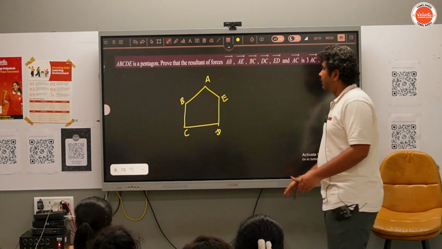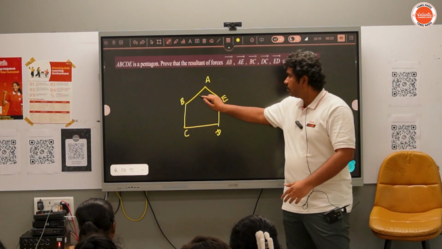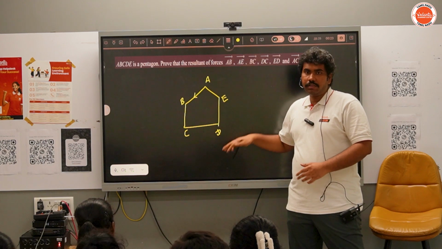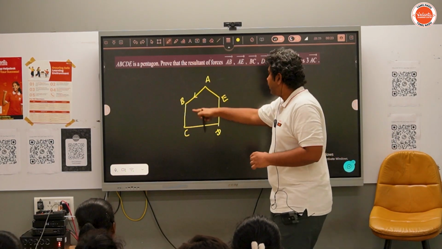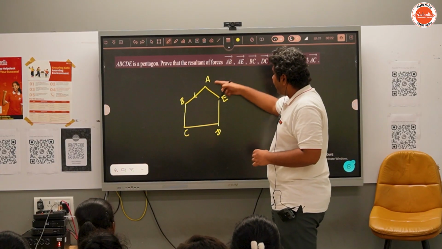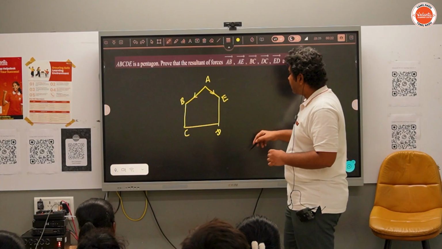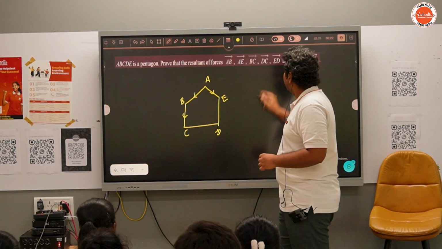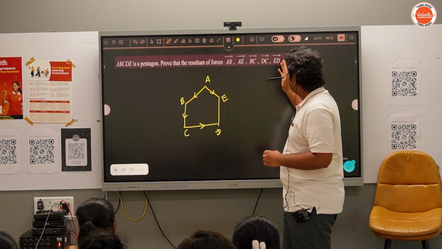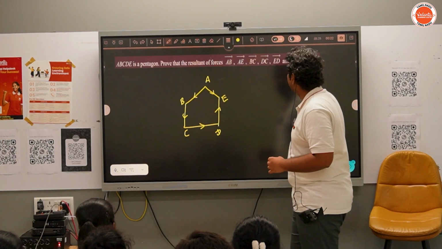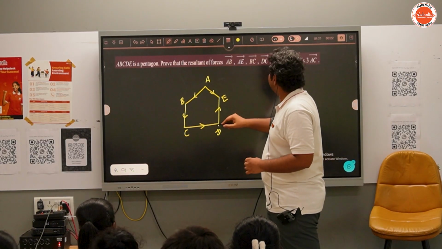So AB vector, how would you direct it, how the direction should be: starting from A to B, like that. Okay, so this is AB vector. AE vector should be like this, BC vector, DC vector, final minus initial, like that. Okay, ED vector and AC vector.